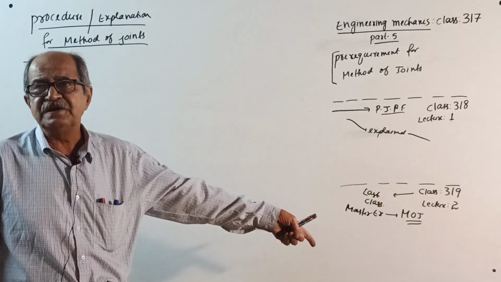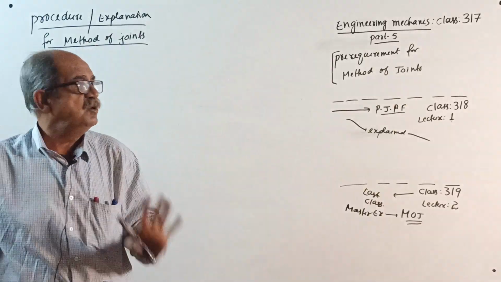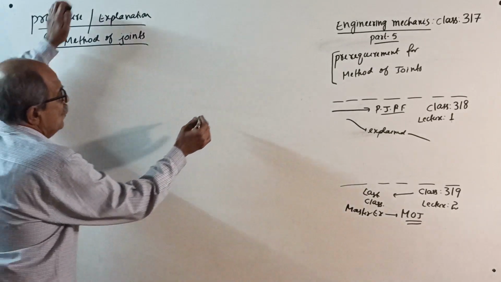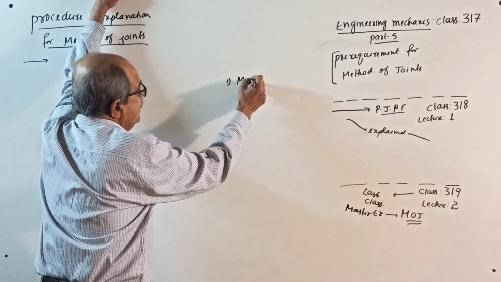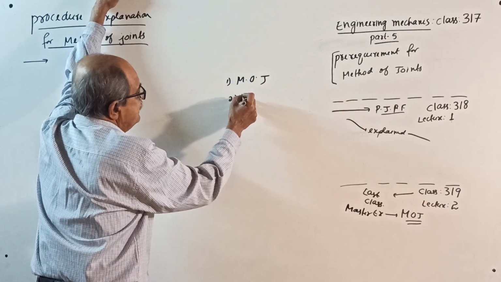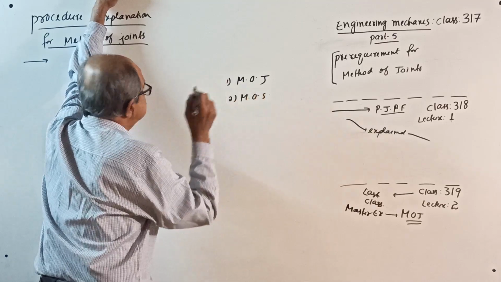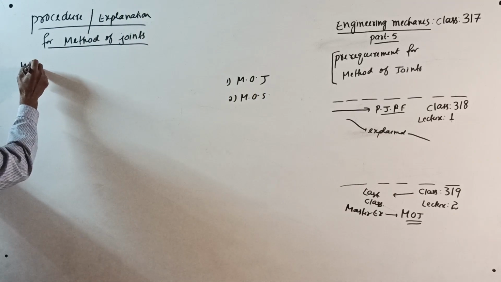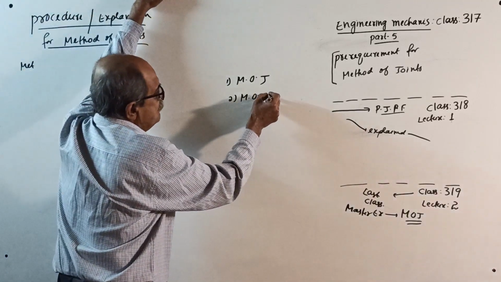I explained all that last time or earlier also. So there are two methods. One is method of joints, briefly. The other is method of sections. First remember method of joints; method of sections we will consider later.